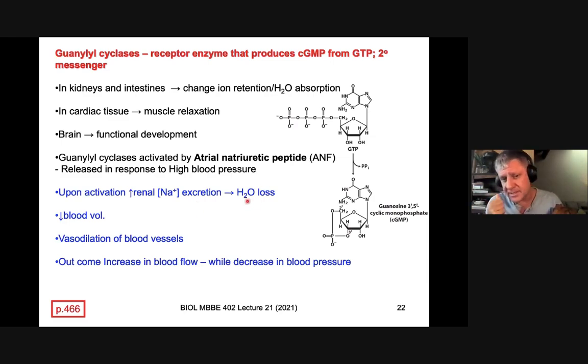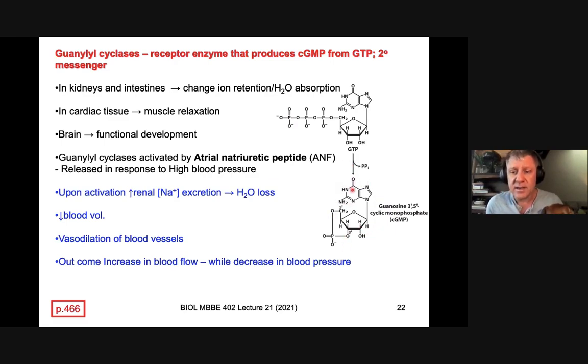So that increases the loss of water. In that case, we decrease the blood volume, and therefore we cause vasodilation, not constriction, vasodilation, relaxation of the blood vessels. And the overall outcome is decreasing the blood flow and decreasing the blood pressure, all because of this secretion of this little molecule.